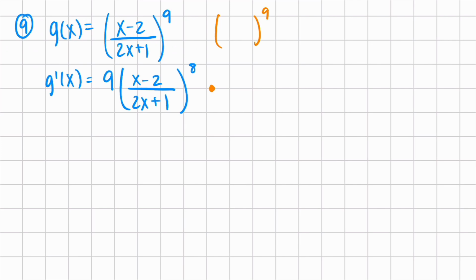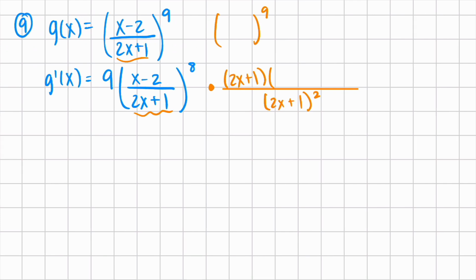Now I need to take the derivative of the inside function, and the inside function is a quotient. So I'm going to do my quotient rule. So I'm going to square the denominator, and I'm going to do low d high. So the denominator times the derivative of the numerator.